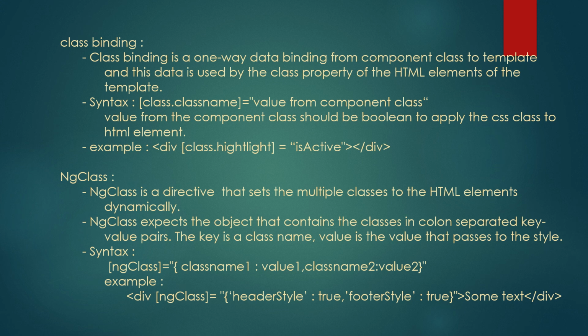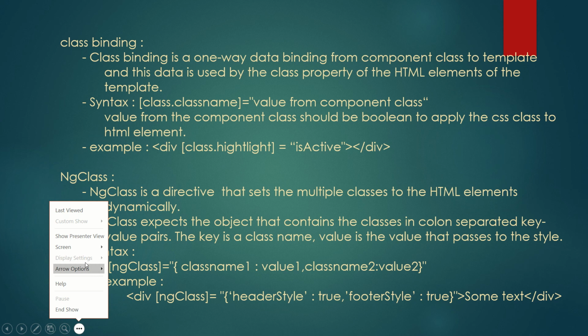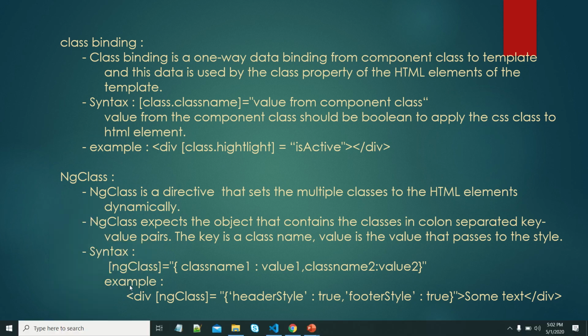These multiple values can be represented as an object, with classes as key-value pairs. The key is the class name, and the value is the value coming from the component class. Syntax: ngClass within brackets is equal to an object where we specify className: value, like that. Let us try to understand the same with a simple example program.